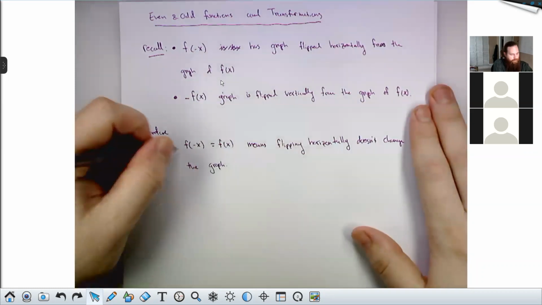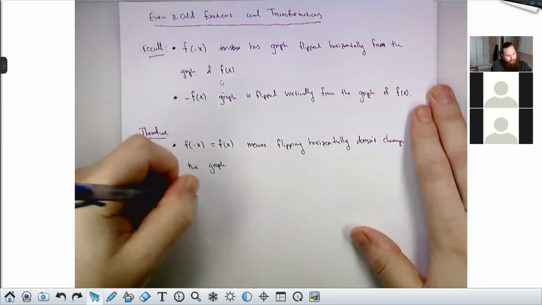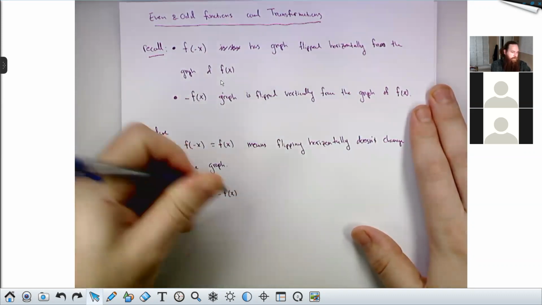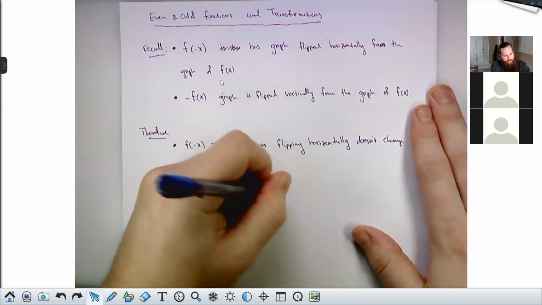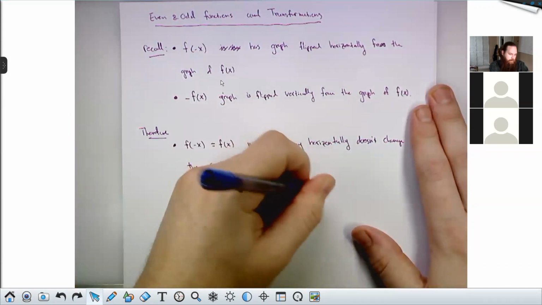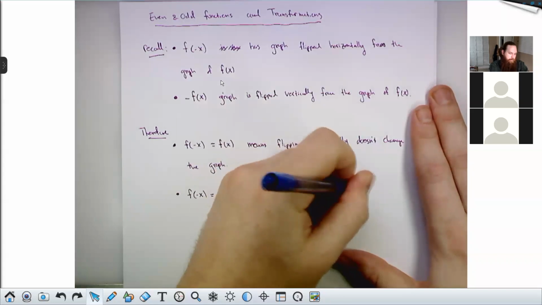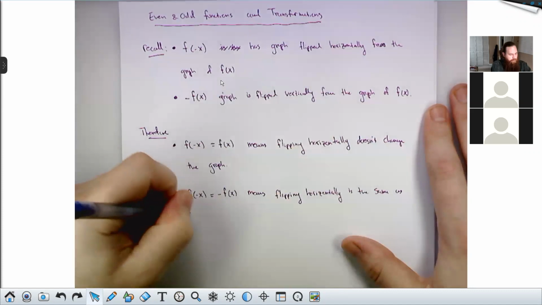And if we say f of negative x is equal to negative f of x, this means flipping horizontally is the same as flipping vertically.